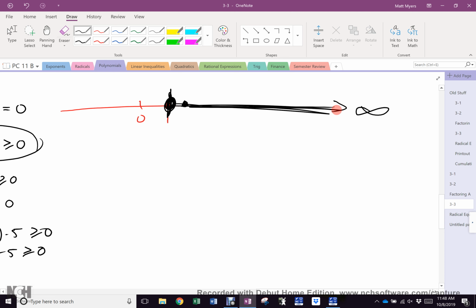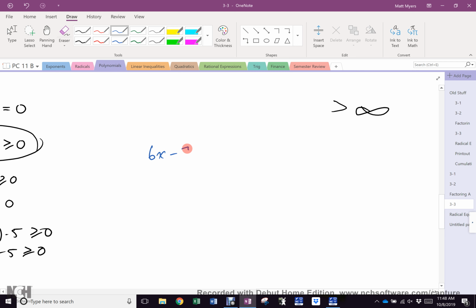All right? So all you do is regular algebra. So if I told you 6x minus 8 had to be greater than or equal to 0, 6x had to be greater than or equal to 8, x had to be greater than or equal to 4/3. Would the number 2 work?